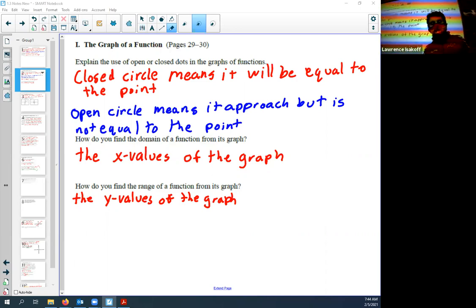So the y values, like on an x squared, since that has a minimum, it's going to be like y is greater than 0. But for a linear equation, it will be all real numbers.